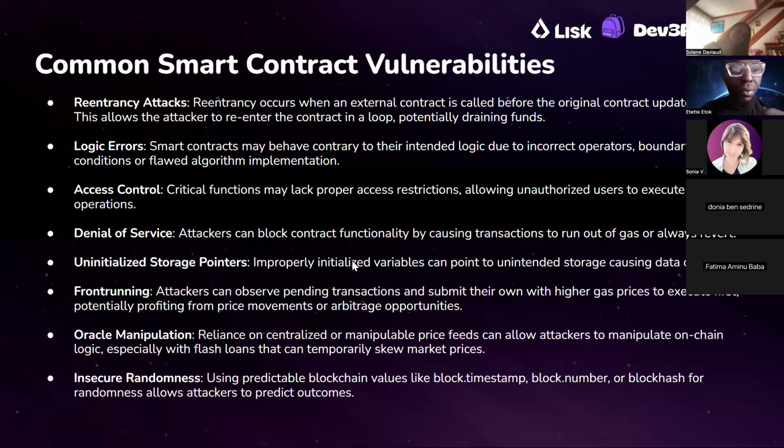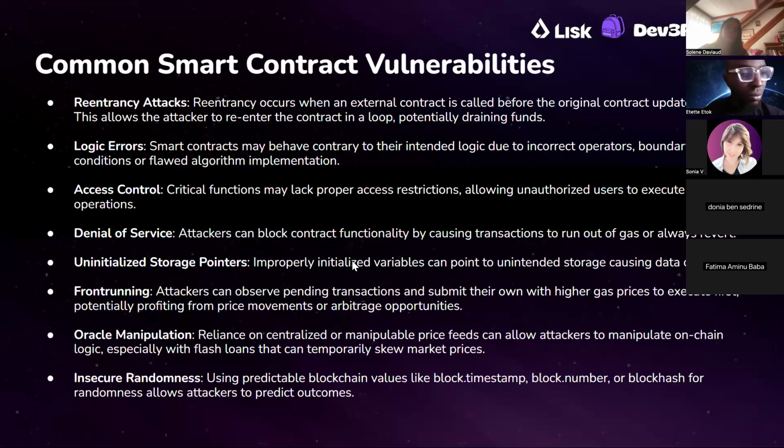So if this source is not trusted, then of course the information can be manipulated, and your smart contract would be vulnerable to attack, because an attacker could pass wrong information to your smart contract and force it to behave in another way, right?